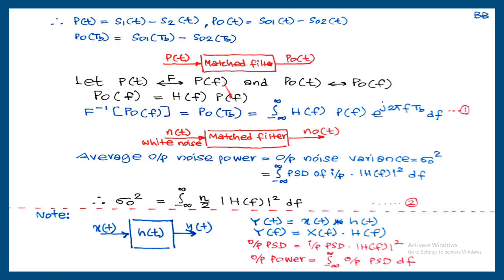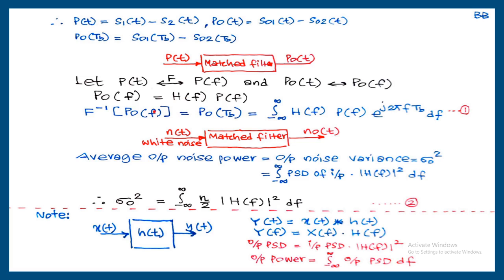So I just repeat some of the important results here. The system is our matched filter. Input signal is p(t) plus n(t). That p(t) and n(t) are taken separately here. Just assume that this system is a linear system. p(t) Fourier transform is P(f). p0(t) Fourier transform is P0(f). And then output Fourier transform is equal to input Fourier transform into transfer function.